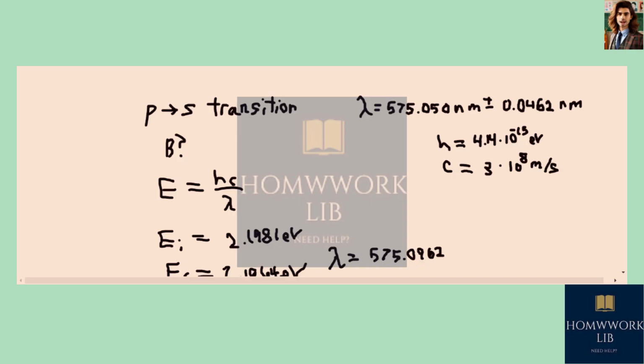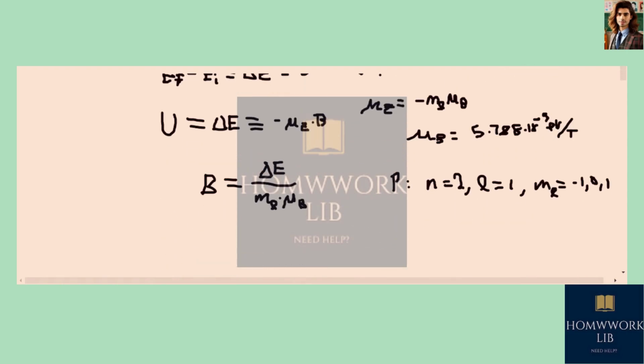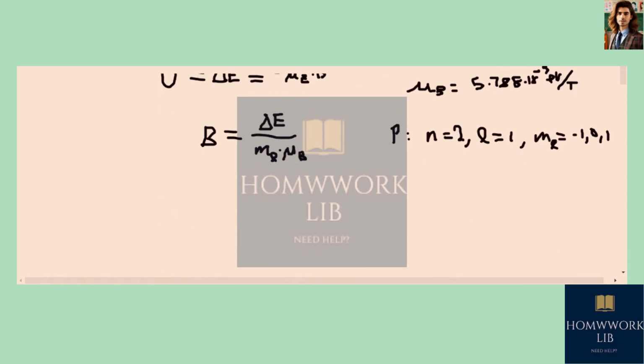So we now know that ml is equal to -1 in our example, and the magnetic field B is going to be equal to -0.0017 electron volts divided by -1 times the Bohr magneton, which is 5.788 times 10 to the -5 eV per Tesla.